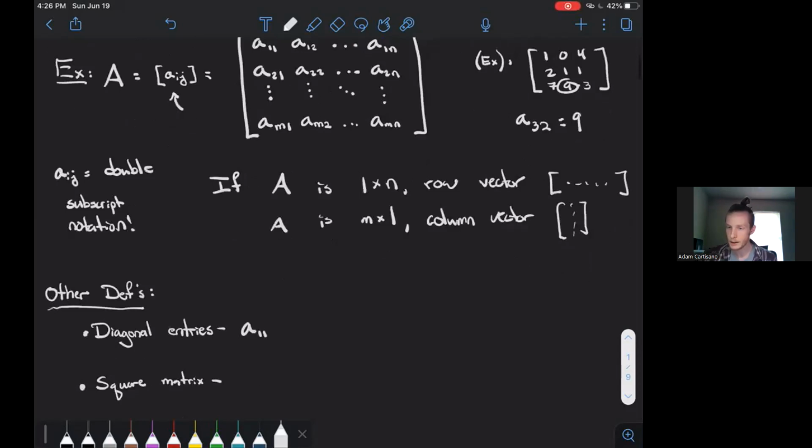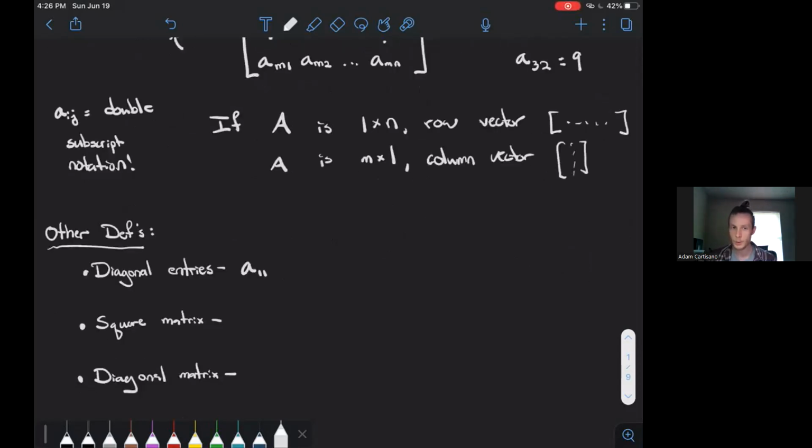Diagonal entries are the entries where the subscripts match. That is A11, A22, A33, and so on.